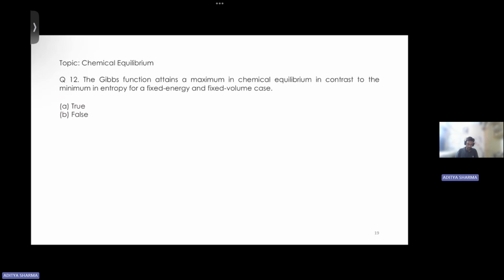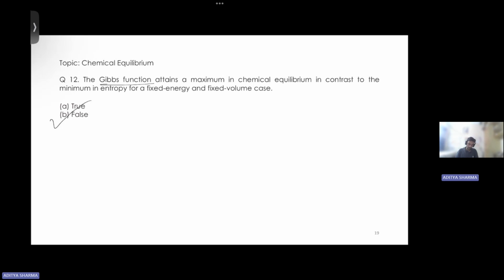So this is on the Gibbs function. The statement says the Gibbs function attains a maximum in chemical equilibrium in contrast to minimum in entropy for a fixed energy and fixed volume case. So this is a false statement. Why so? Because for chemical equilibrium, the Gibbs function is at its minimum value.